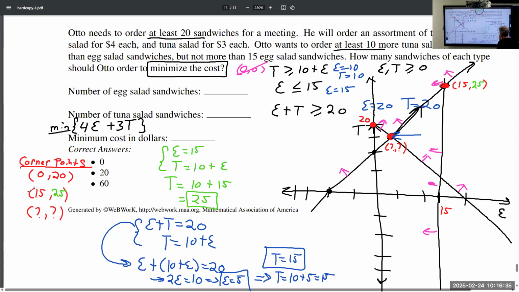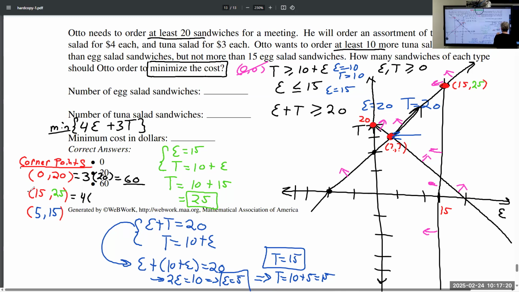Okay. So I think that's the point. 5, 15. All right. We want to minimize cost. So this would be 3 times 20, which is 60.